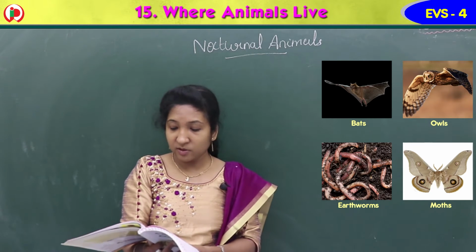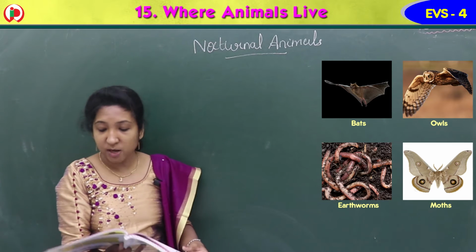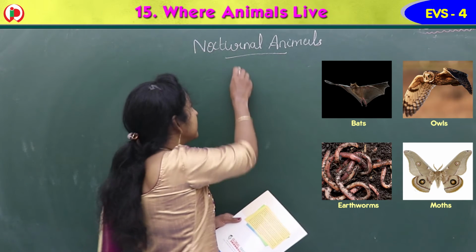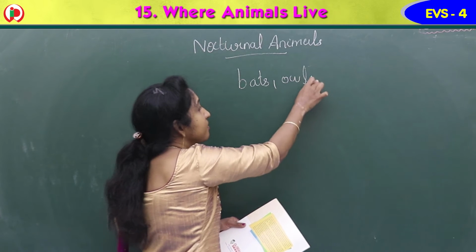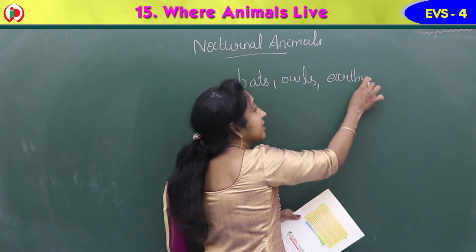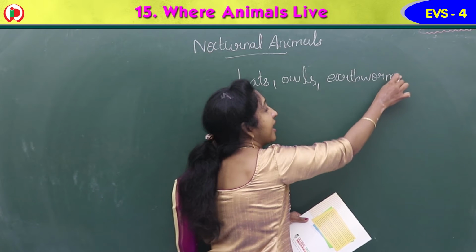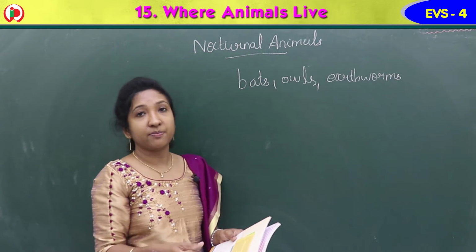Okay. Yes, so those kinds of animals are called nocturnal animals. Animals like bats, owls, earthworms are examples of nocturnal animals. They come out from the shelter mostly at night, and they can see everything clearly at night.